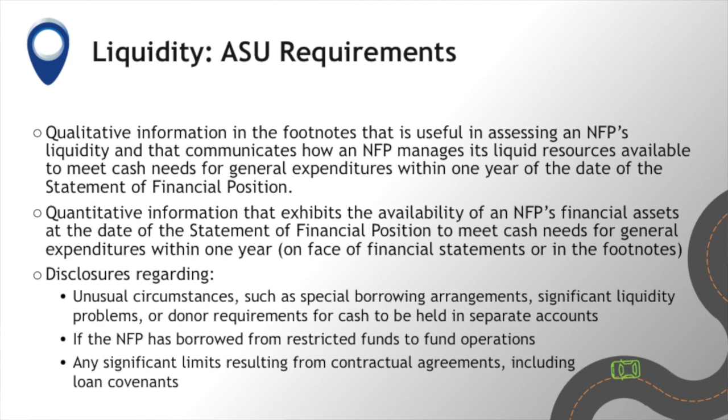So the last section of the new standard deals with liquidity and availability presentation. This is new, I think, probably for most everyone, unless you were including voluntary information in your footnotes before. So the new standard includes both quantitative and qualitative information.